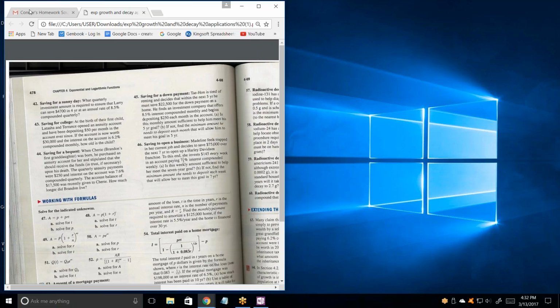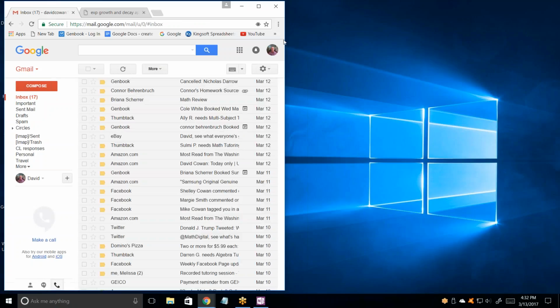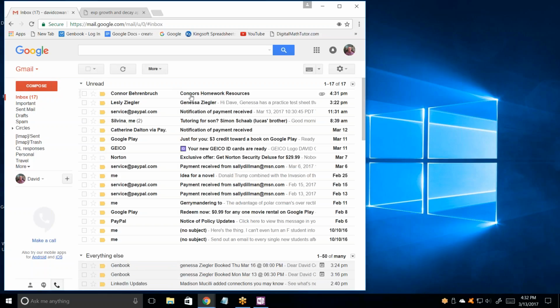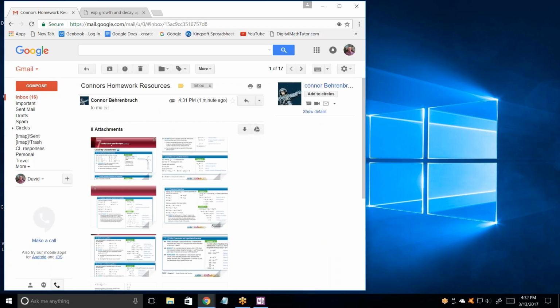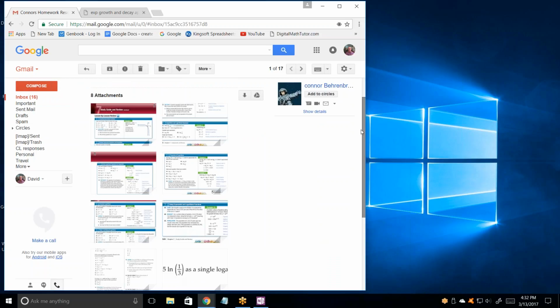Okay. Let's see. So do I need to open something new here? Yeah. Okay. Which page? It goes in order, starting with the one with the 7 in the top left-hand corner.